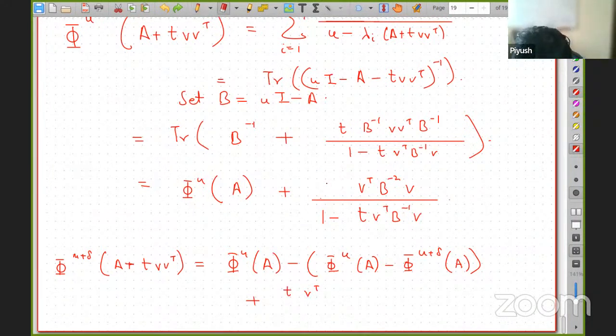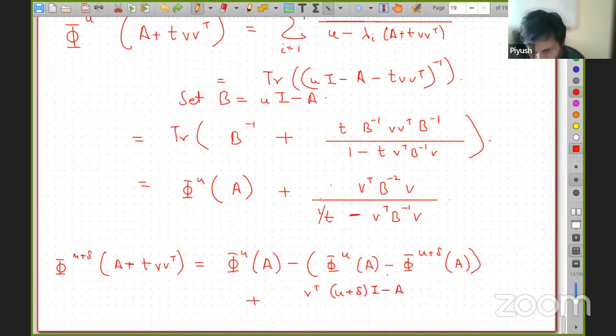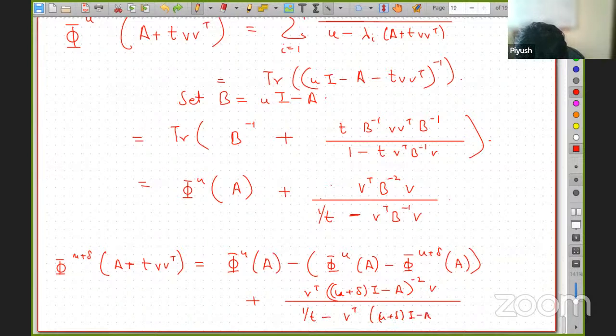Let me write it like this: let's divide by t and get 1 over t minus V transpose (u plus delta I minus A) to the minus 2 V, over 1 over t minus V transpose (u plus delta I minus A) inverse V.